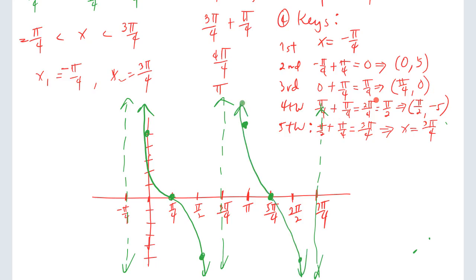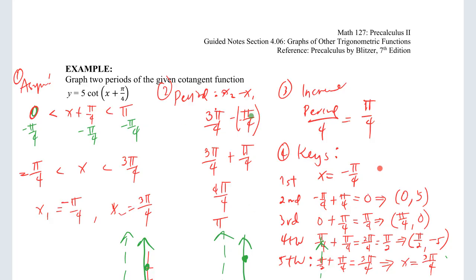Let me go ahead and fix that graph. I just want to make sure I am also emphasizing those curved lines. So there you go. This would now be the graph of this given function. All right. Now moving on to.